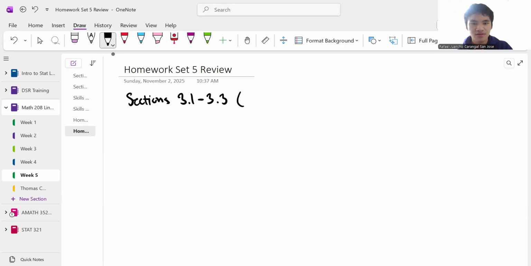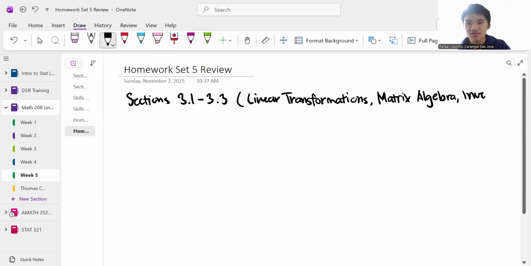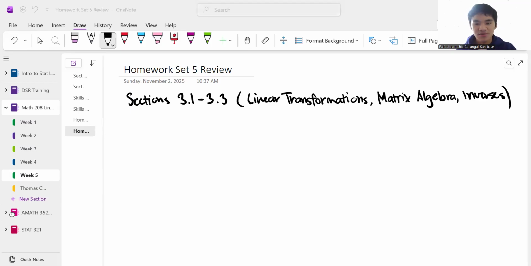So, these are about linear transformations. Then we also have something about matrix algebra. And then we also have inverses. Right. So let's talk about them real quick.